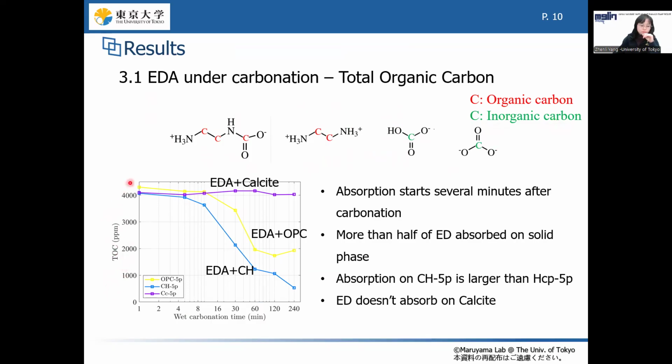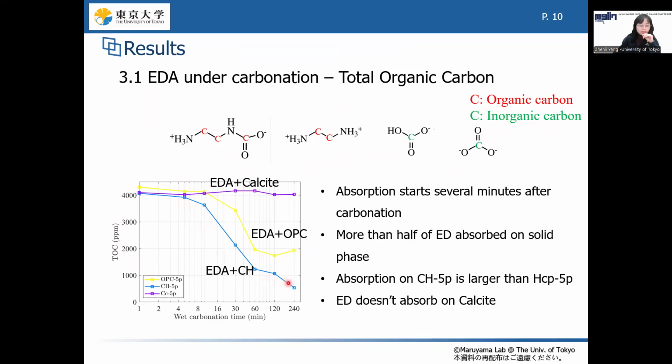The y-axis represents the EDA concentration in the liquid phase. We prepared three types of systems: calcite, cement paste, and portlandite. We found the absorption starts after 4 minutes of carbonation, and in the cement paste system, more than half of the EDA is absorbed in the solid phase.